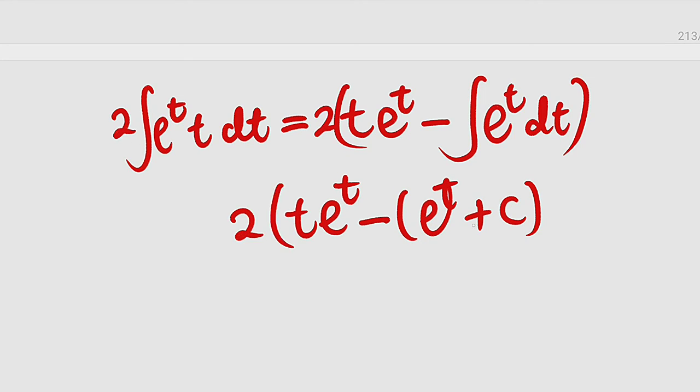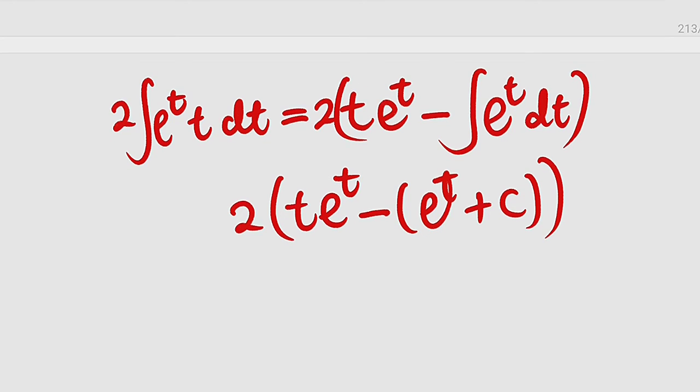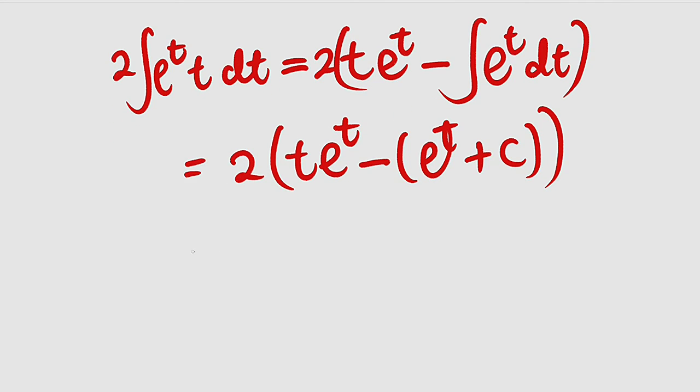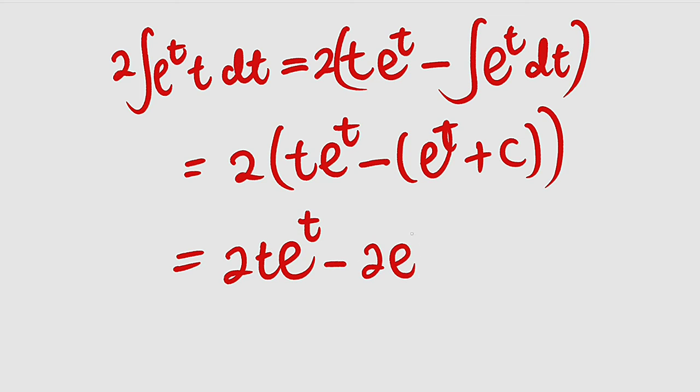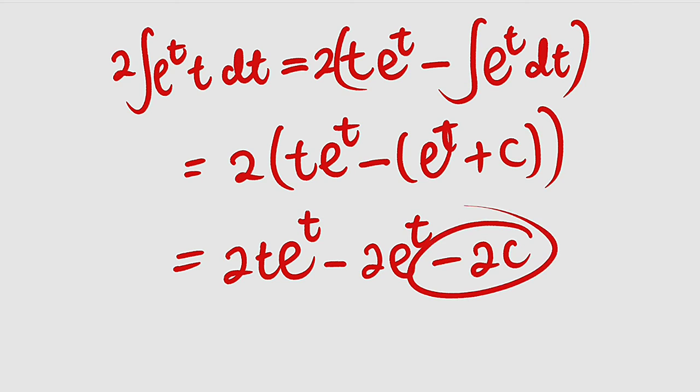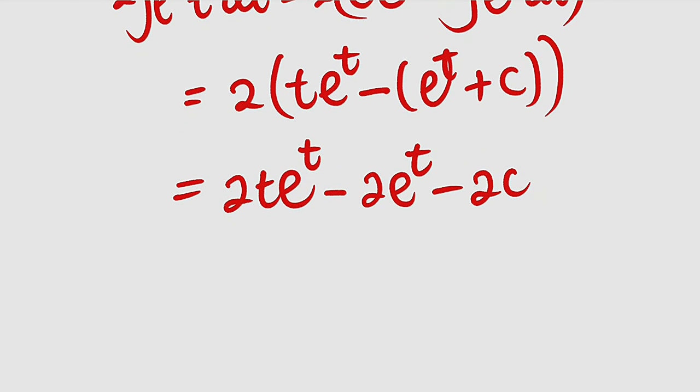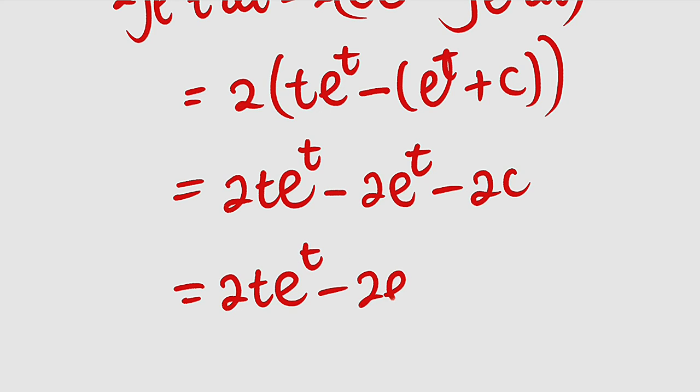Alright, so if you simplify this, you have 2t e to the t minus 2 multiplied by e to the t, then minus 2c. We should know that this is also a constant. We can replace it with another constant k. So we have our solution to be 2t e to the t minus 2e to the t, then plus k, for which k is equivalent to this.